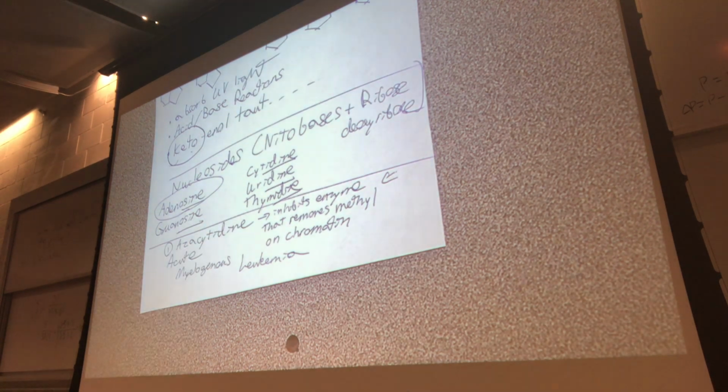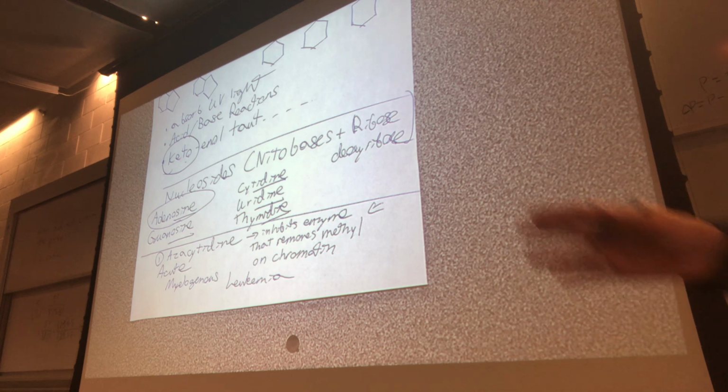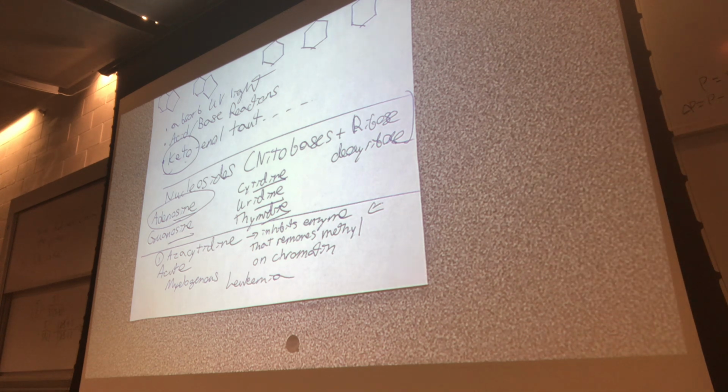All right, and this disease is associated with over-methylation of a particular, again, look up the details, but is associated with some pattern of methylation at a particular site.